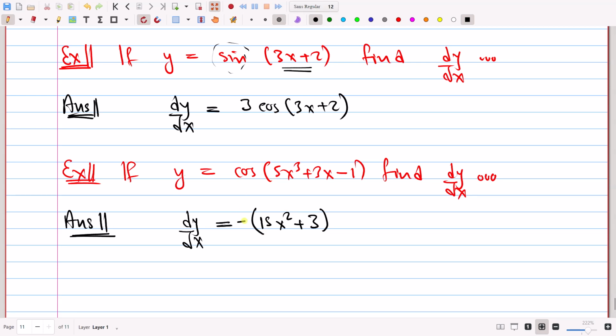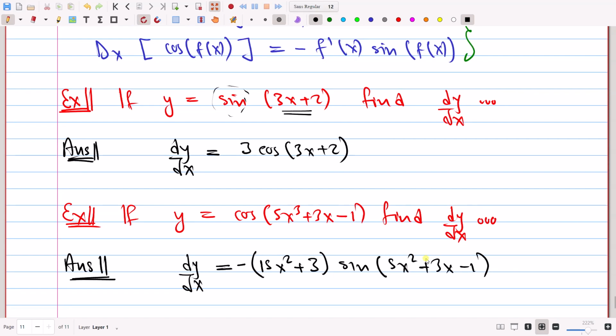Then you differentiate the function cos, which becomes negative sine. So we get negative sine of 5x cubed plus 3x minus 1. This is how you differentiate trigonometric functions. It's simple like that.